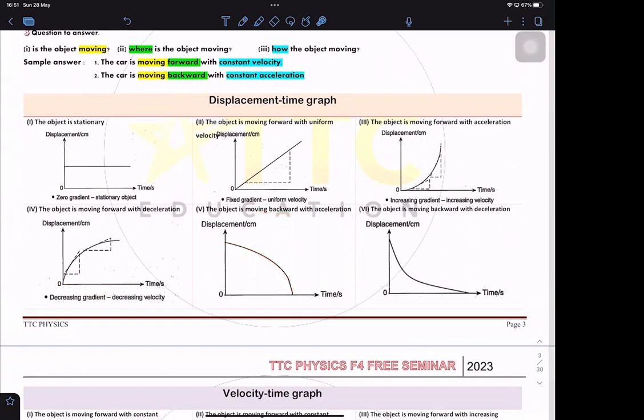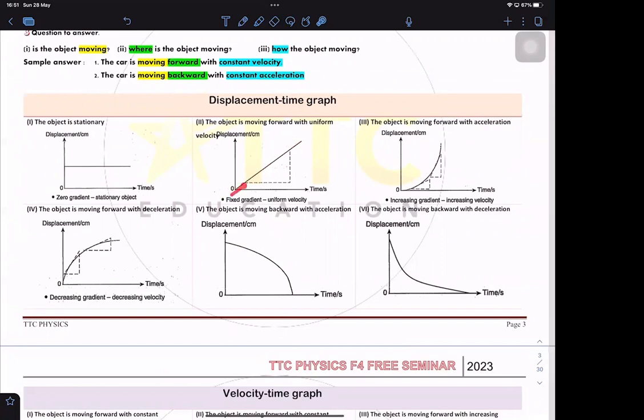If you maintain the same distance, 10 meter, 10 meter, 10 meter, that means you must not be moving, because you keep at the same distance from your house. If it's a straight line, it means that your velocity is constant. It's a fixed speed. Why? Because for this displacement graph, the steepness, the gradient is actually the velocity.